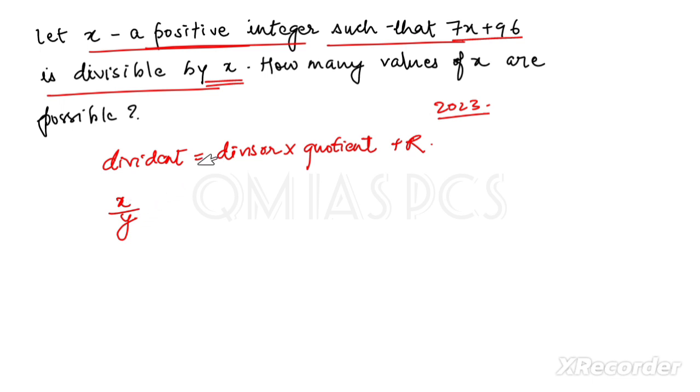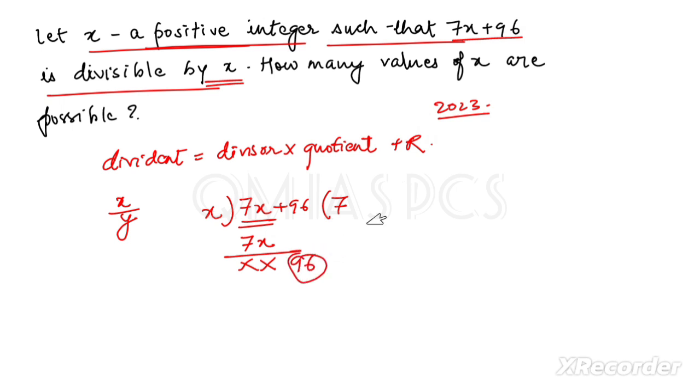Same thing here: when 7x plus 96 is divided by x, the 7x is cancelled out and 96 is left. So we have to find the factors of 96.